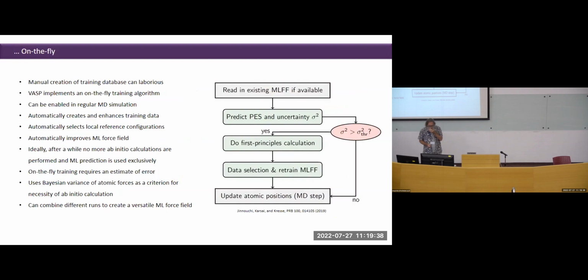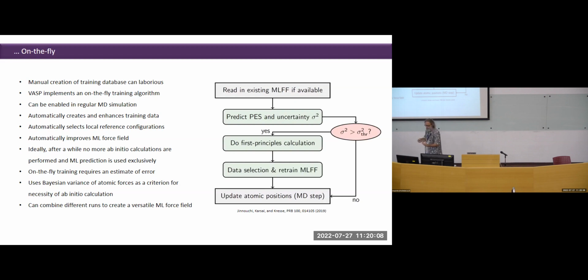So the idea that we use is to do this on the fly. So basically, we create our training database on the fly during a molecular dynamics run. So we start to do molecular dynamics on a structure, and let's assume that we already have a bit of training under our belt.